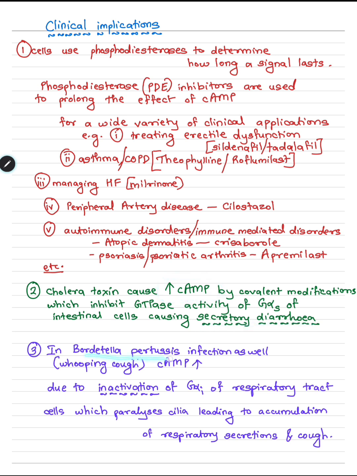In Bordetella pertussis or whooping cough, cyclic AMP increases because of inactivation of inhibitory G alpha. So there is no one to inhibit the adenylyl cyclase. So there is an increase in cyclic AMP, which causes paralysis of the cilia, leading to accumulation of respiratory secretions and cough.